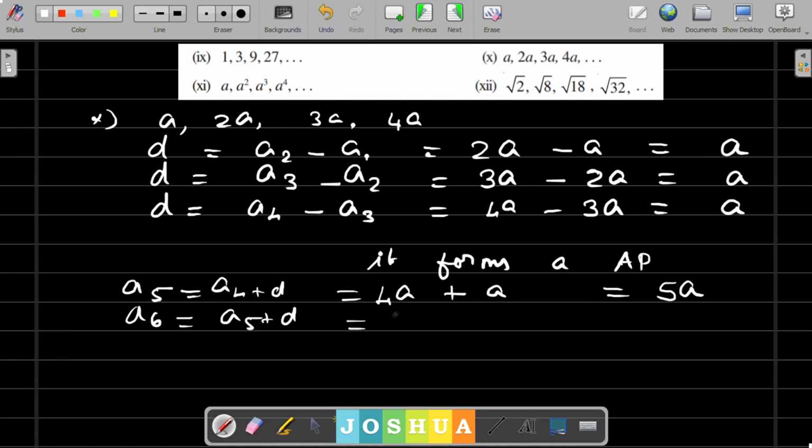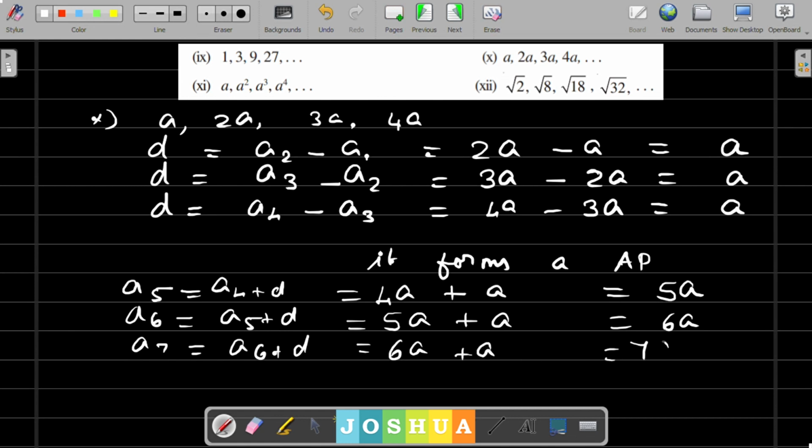The fifth term is 5A and the difference is A. 5A plus A equal to 6A. And the seventh term A7 equal to A6 plus D, that is 6A plus A, which is equal to 7A. So the final answer is 5A, 6A, 7A. 10th sum over. Now I am going to the 11th sum.